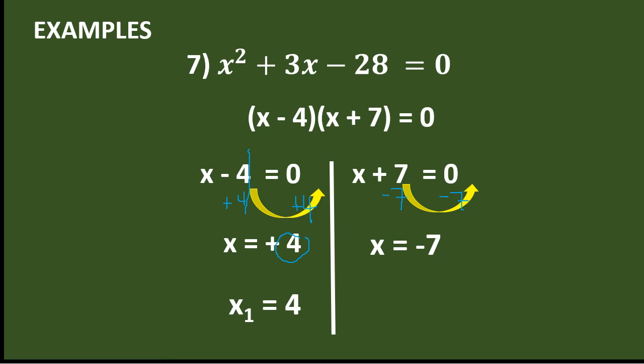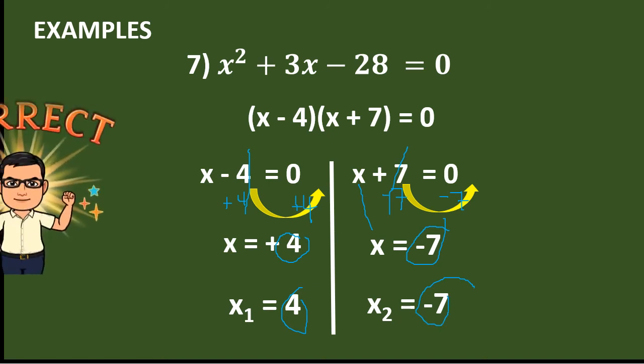So we have 7 minus 7 equals 0. Bring down x. 0 minus 7 is negative 7. So our x is equal to negative 7. Our x sub 2 is negative 7. So we have 4 and negative 7.